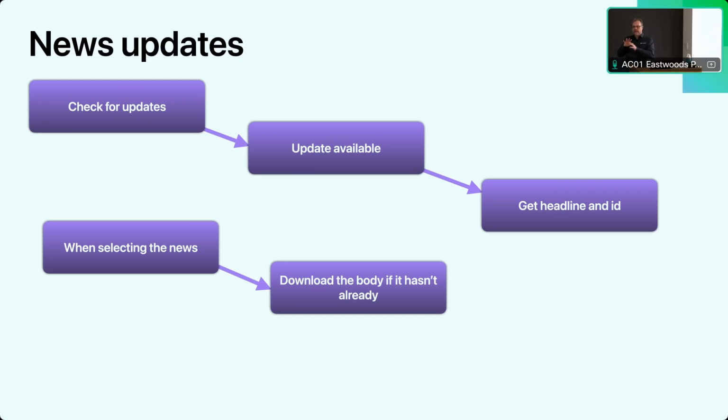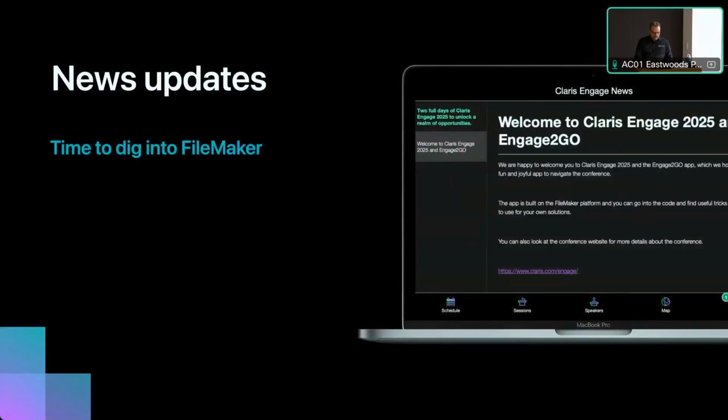The reason for this is that I'm trying to limit the amount of calls to the FileMaker server and the amount of data that needs to travel, because maybe you have 3 devices, there are several hundred people here, and there could be many more. So we don't want to bang the server way too much if it's not needed. So this is the design here.